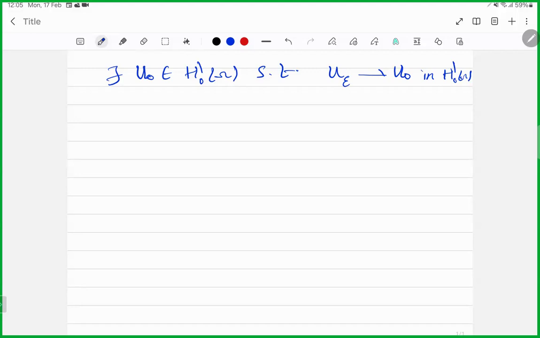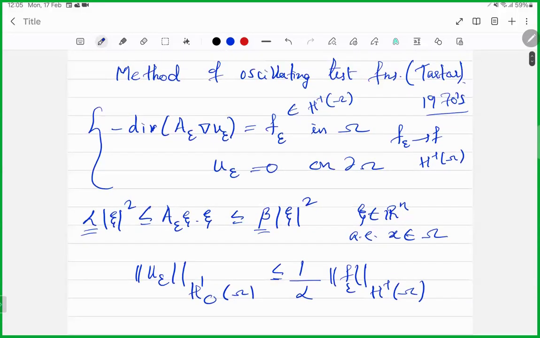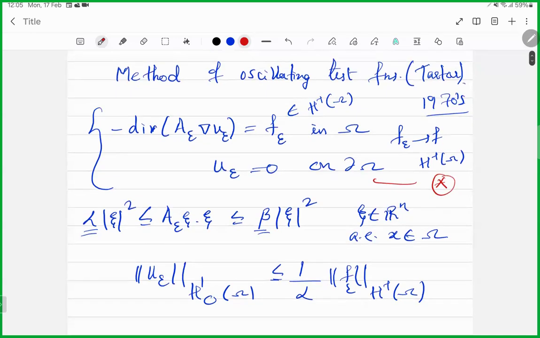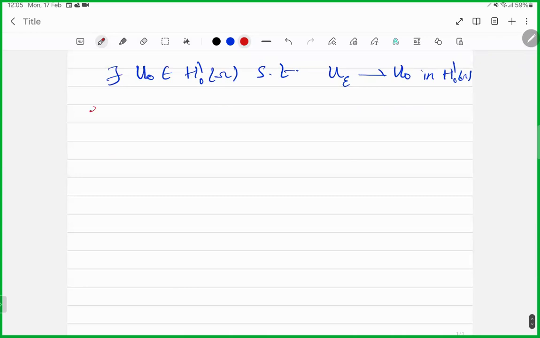Now if you look at the weak formulation of this problem, let's call it star. We also have the other boundedness. Let's call this xi epsilon, so xi epsilon is A epsilon grad u epsilon.